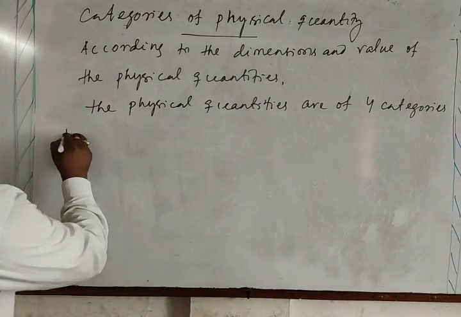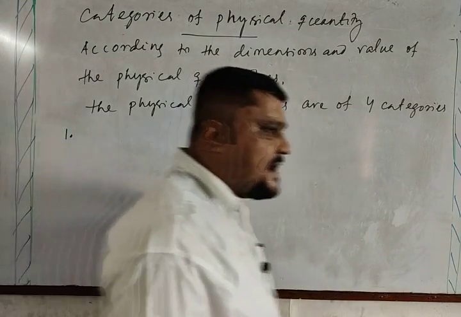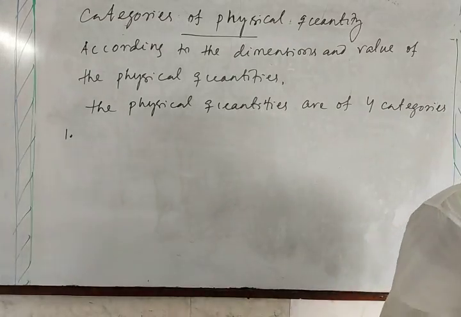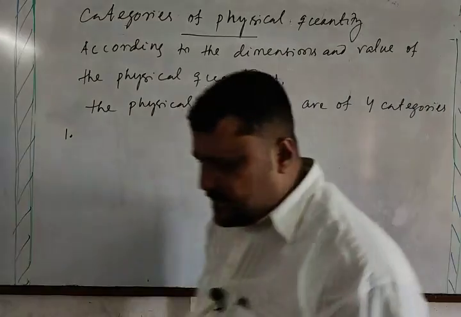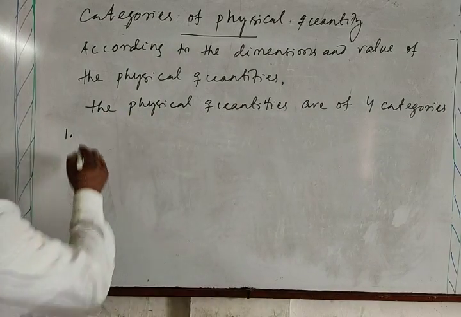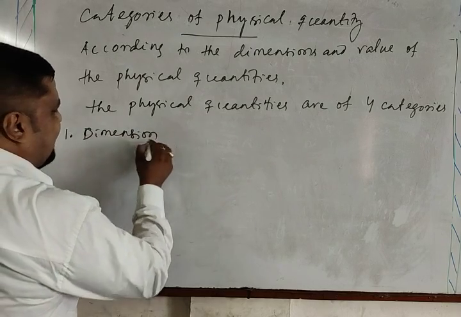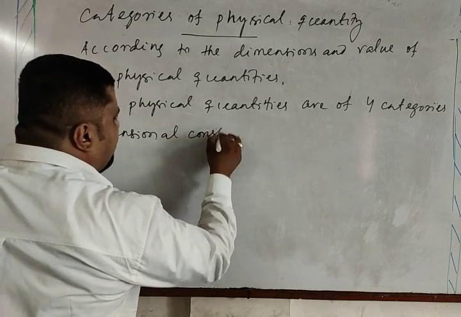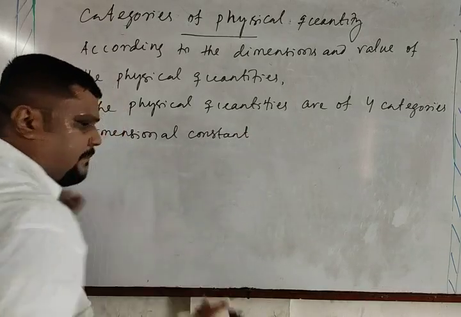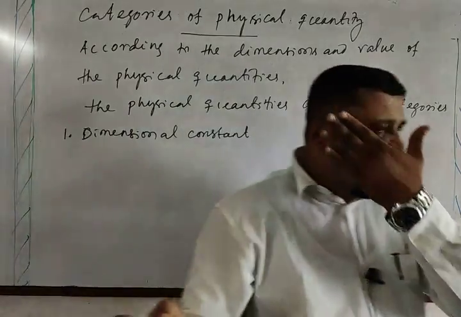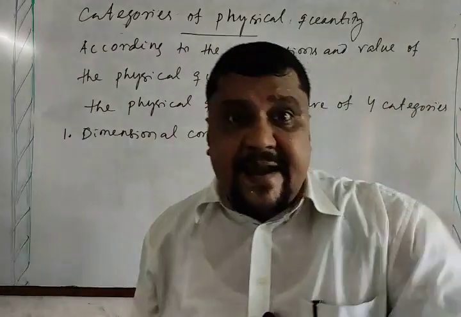What are they? The first one is the dimensional constant. Already you know fundamental physical quantity and derived physical quantity, that is on the basis of dependence.